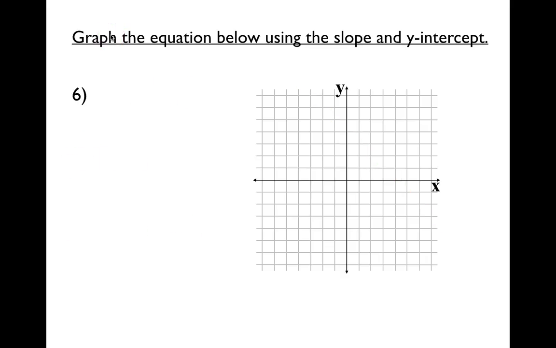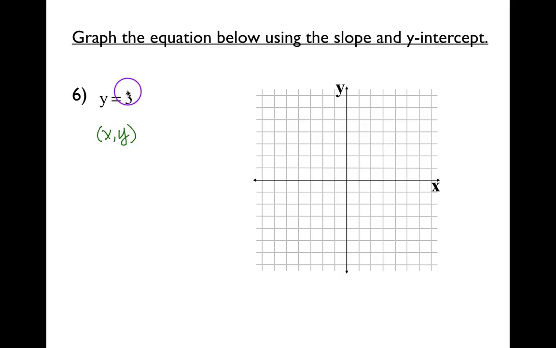And now for number 6. This one seems to be tricky for some students, but this is actually one of the easiest problems. It's telling you right now, y equals 3. So here's what I'm going to suggest you do. Anytime you get an x equals a number or a y equals a number, it's going to be this easy. First of all, understand that coordinates are written as x comma y.